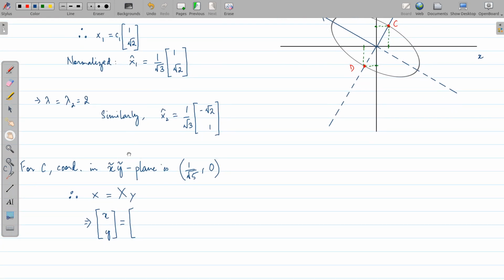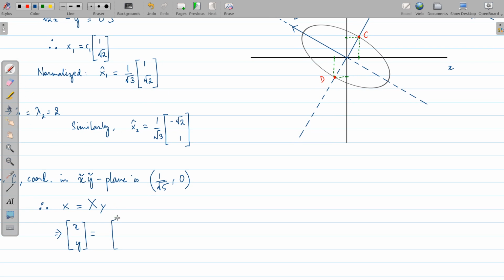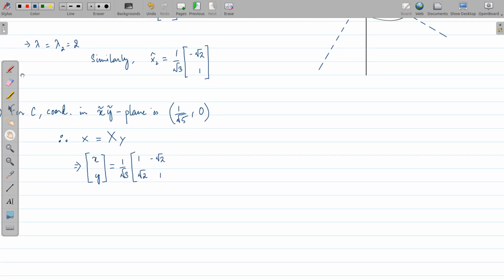The normalized eigenvectors are these, so we have 1 by root 3, which we'll take common here, then the first column, and this makes the second column. This is your X. And what is Y? Y is x tilde y tilde.